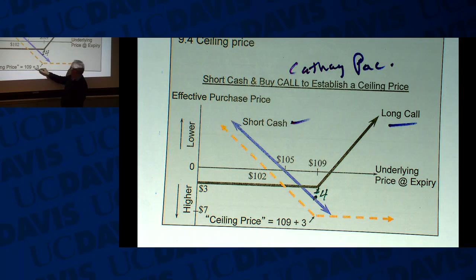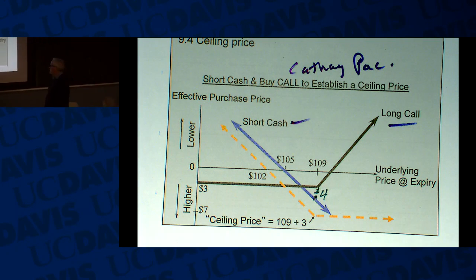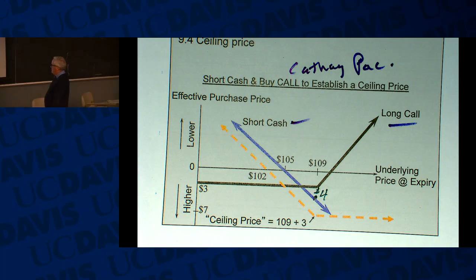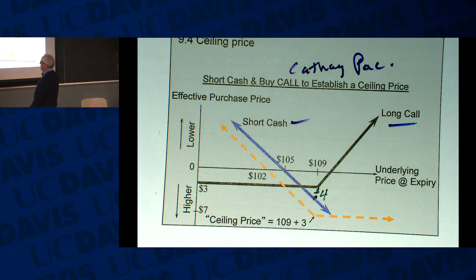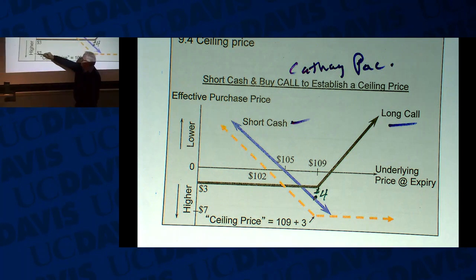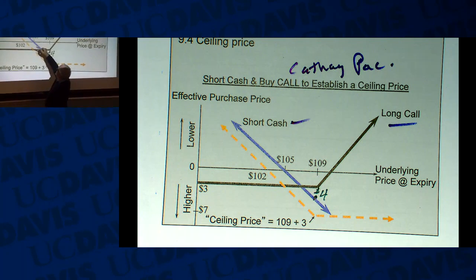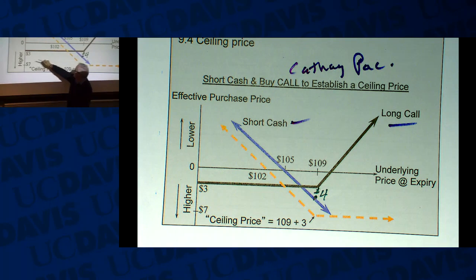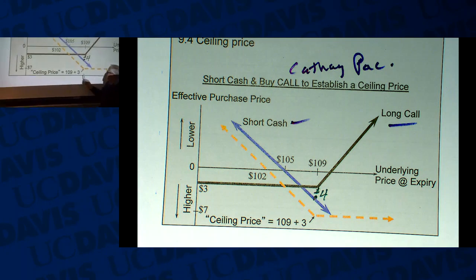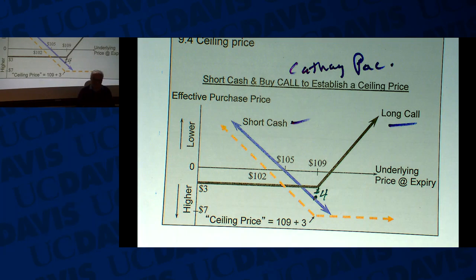So we've established a ceiling price, which is the strike plus the premium, $112. So this 7 is $7 higher than the current cash price. Up there it says effective purchase price, so this is 7 over the 105, which would be 112, which is a ceiling price.